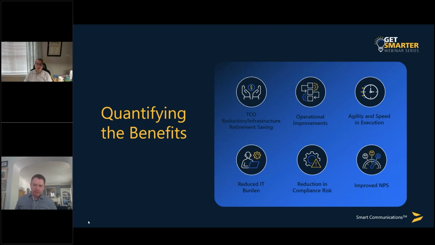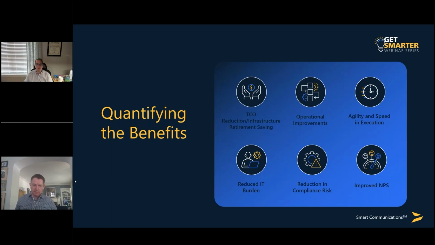You want to look at the total cost of ownership. We talked about the maintenance, the licensing, the infrastructure, the people, all that's being retired. So don't look at just the licensing cost of your new platform. Look at the total cost of what you're saving as well.